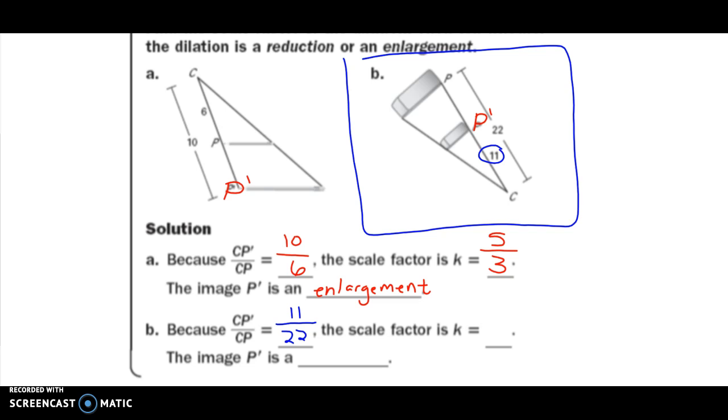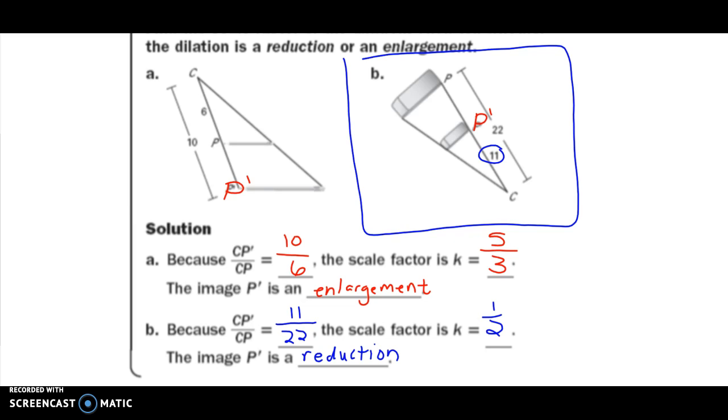And then go ahead and reduce that. 11 over 22 is? 1/2. So in this case, if we started at P and then we went down to P prime, what happened? We got smaller. We call this a reduction. If it gets smaller, it's called a reduction.